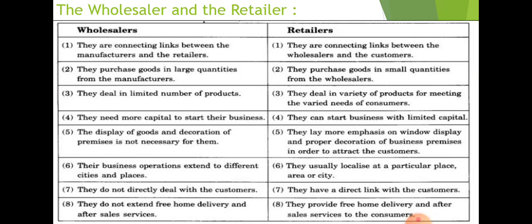So the wholesaler is there to purchase the product in a large quantity, and they deal in a limited number of products. It's not that they purchase all products; they deal with a limited number of products, one or two products like that, so that they can deal easily. They need more capital to start their business.